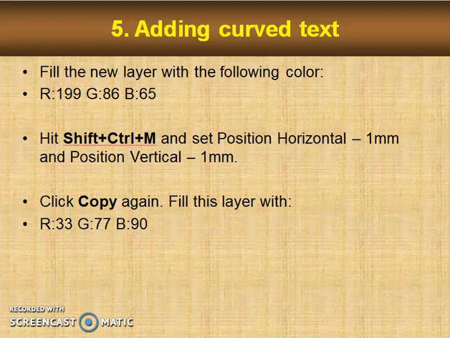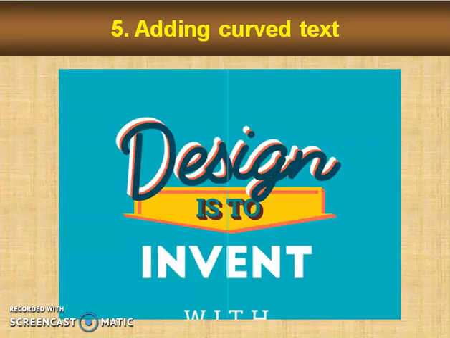Fill this layer with red percentage 33, green percentage 77, blue percentage 90. You can see the preview when we use this command. The duplication of design is created in the color of blue.